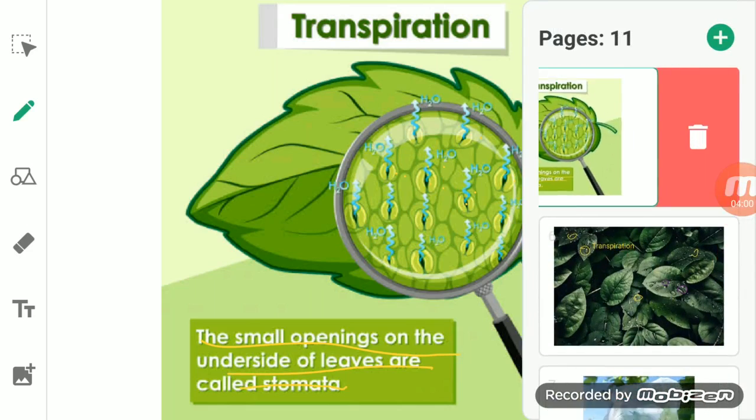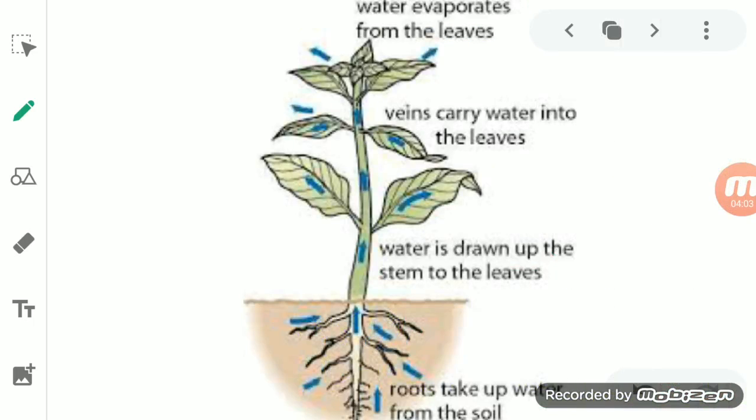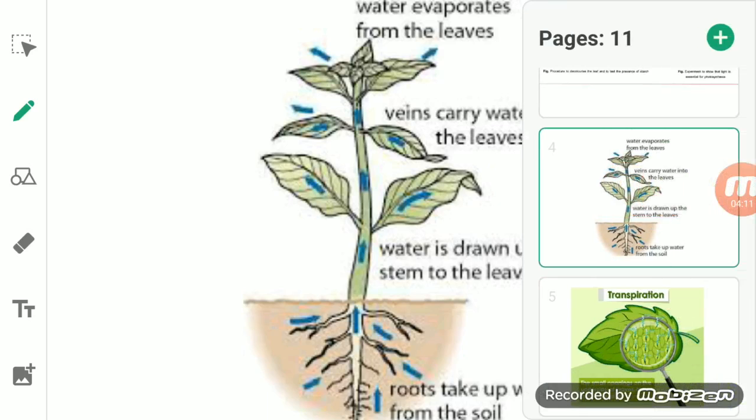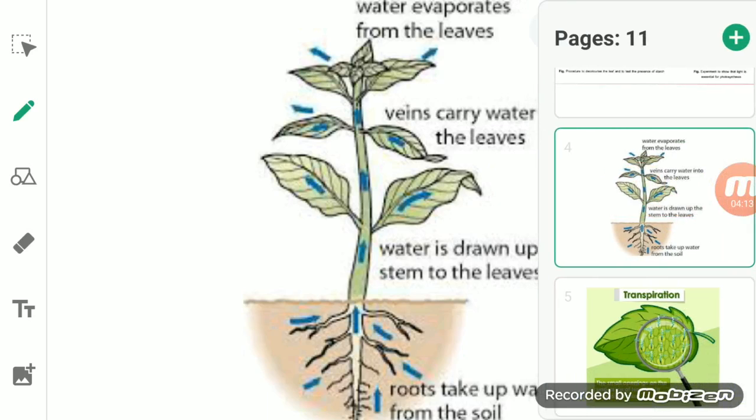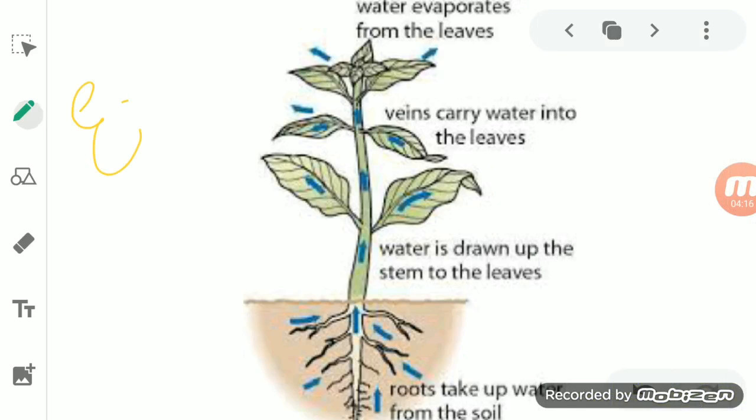So we can define transpiration: the evaporation of water from the leaves of the plant is called transpiration. Okay, so what is transpiration?